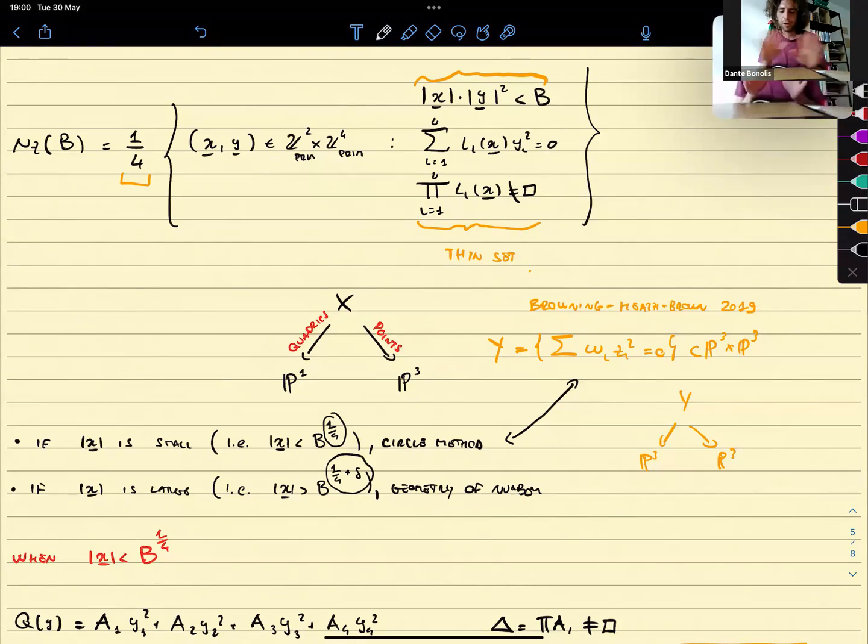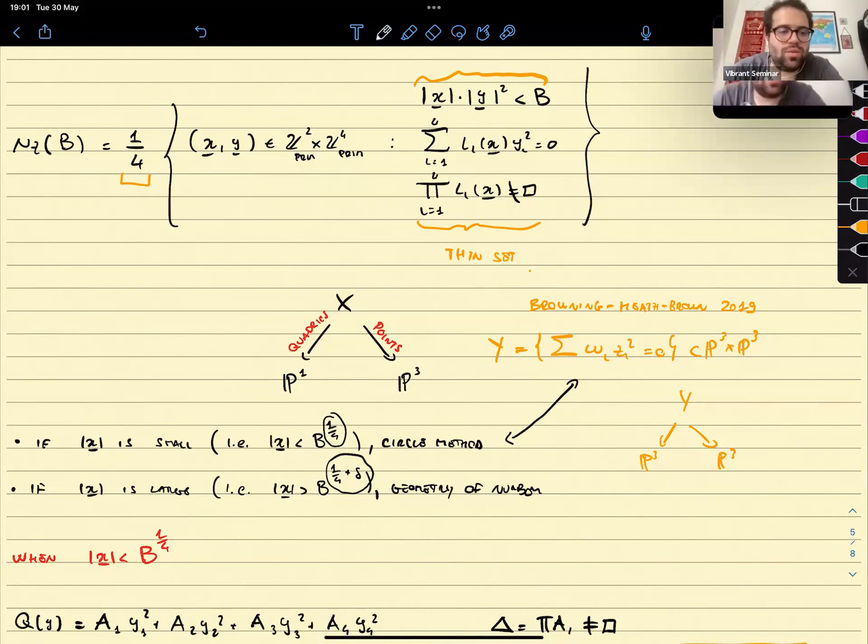For that range, we cannot prove any asymptotic formula, but we just have the upper bound of the right order of magnitude, and then taking delta very small, everything works nicely. But yeah, just to give an idea of the thing. Right, fair.